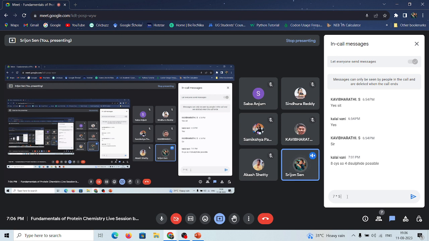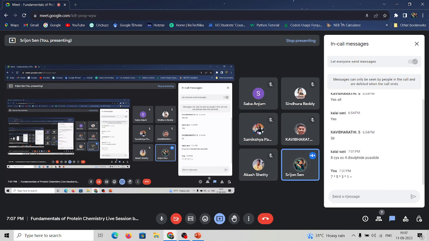Now when the second disulfide bond is formed, 4 disulfide bonds will be formed, but they can form in different ways. So when none of the disulfide bonds are there, there can be 7, because there are 8 cysteines. Now when it reduces to 6, because one disulfide bond is already formed, it becomes 5. Then 3, lastly 1. So how much does it add up to? 7 into 5 is 35, into 3 is 105.